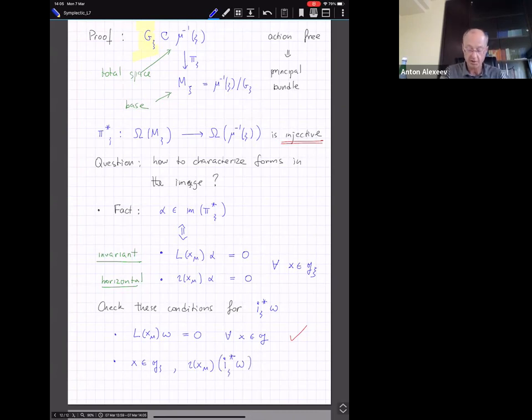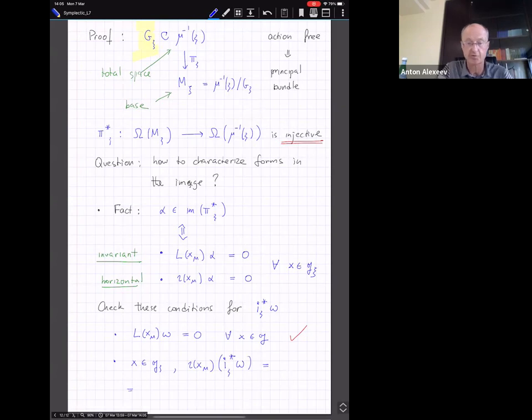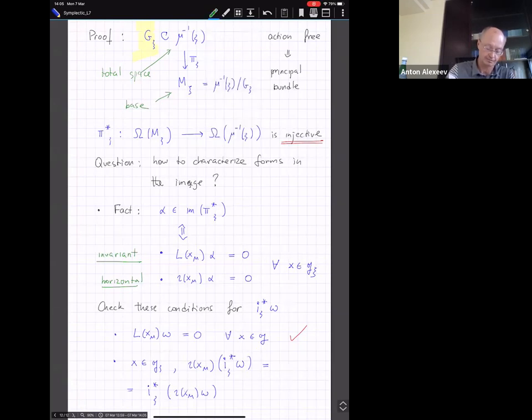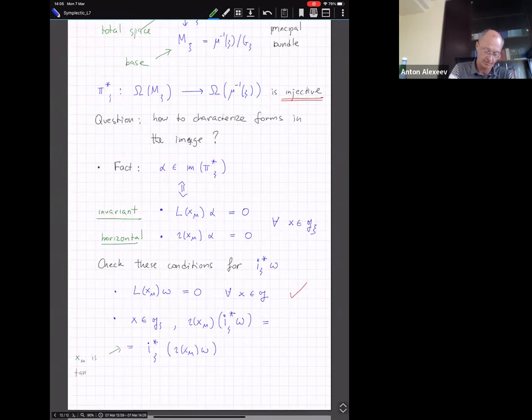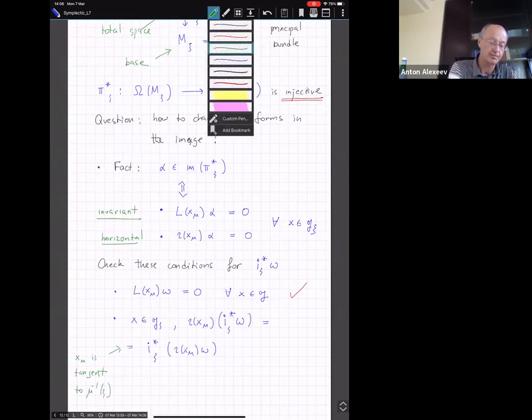But now the group G psi acts on the level set, which means that the corresponding fundamental vector fields are tangent to the level set, and we can exchange the pullback with a contraction.